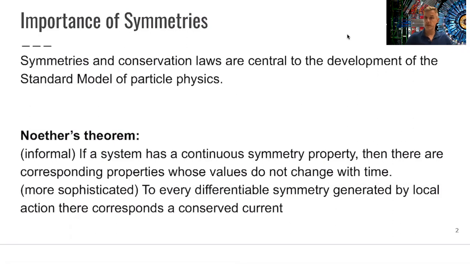You can express this more sophisticatedly and say that to every differentiable symmetry generated by local action, there's a corresponding conserved current. And we're going to look at those actions and currents as we go along.